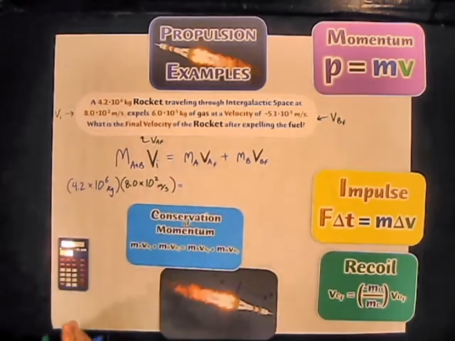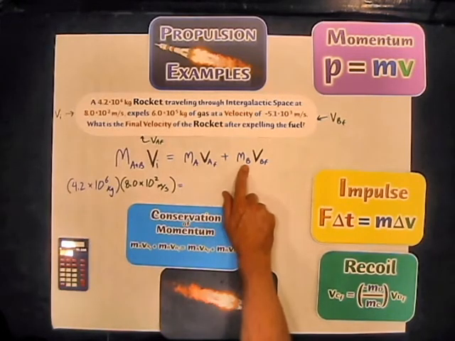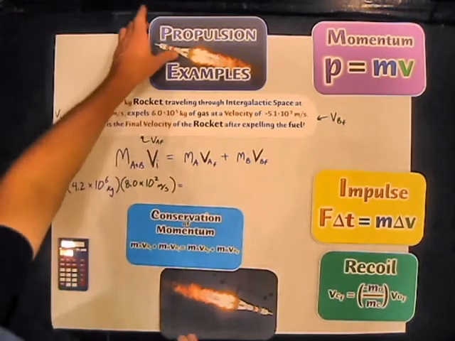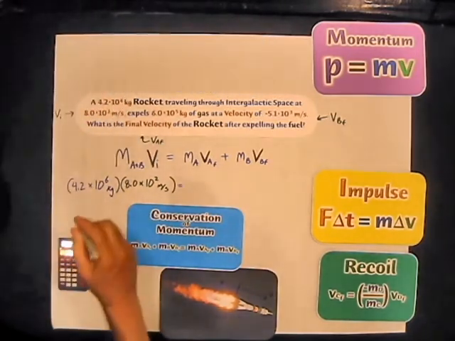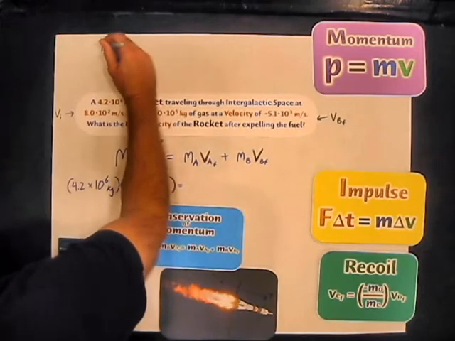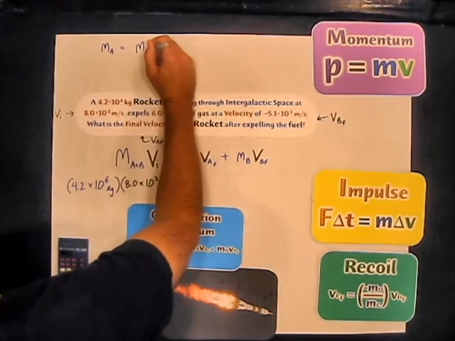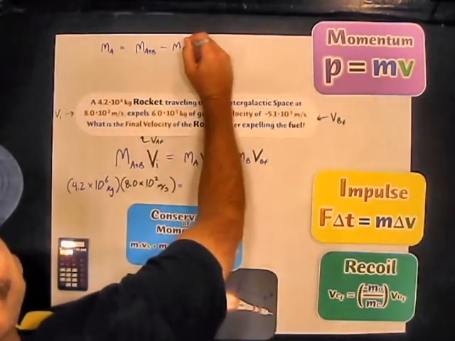Now this gets to be the tricky part, because we actually do not know MA, but we do know MB. So if we want to find MA, I'll do it up here. MA equals MA plus B minus MB, right?